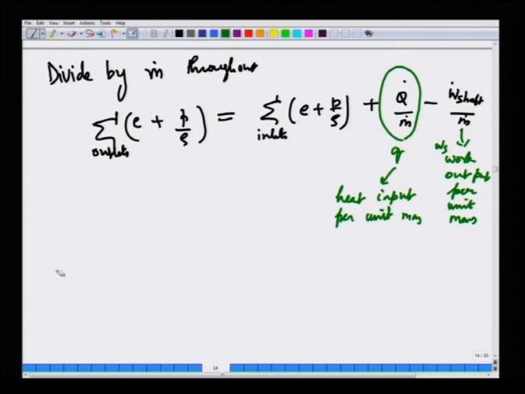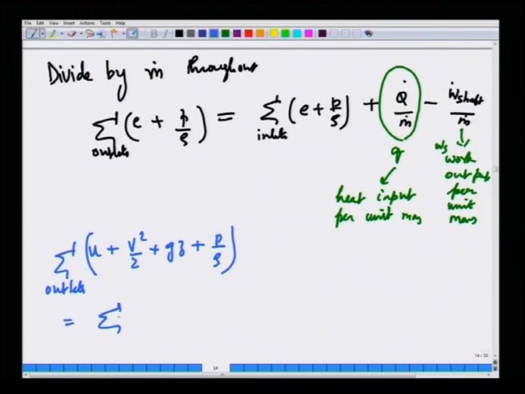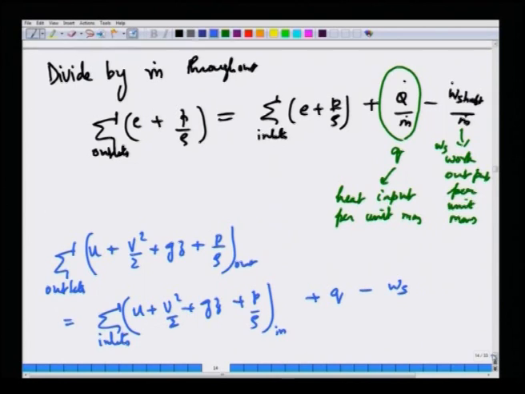So, the summation over all outlets of (u + V²/2 + gz + P/ρ) at all outlets is the summation over all inlets of the same quantity, this is at outlet, this is at inlet, plus small q minus small ws.